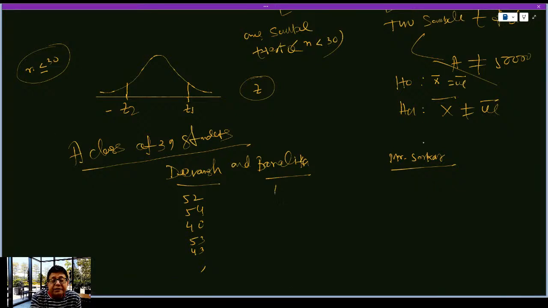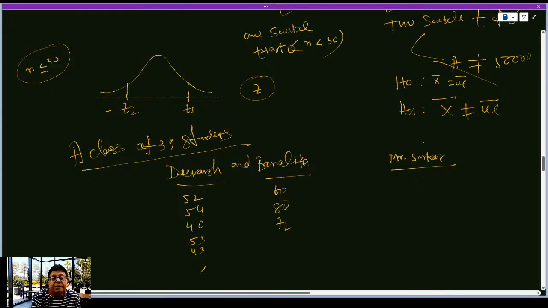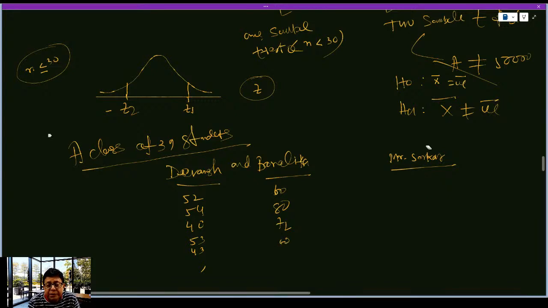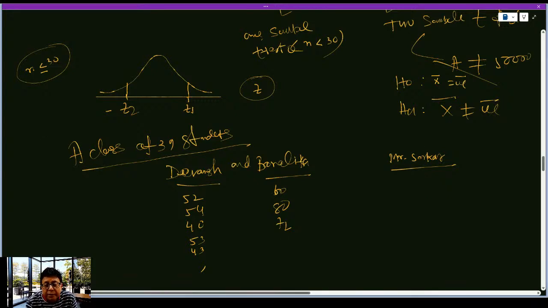She has collected this data: 60, 80, 72, 63 and 65. Bonalika has collected this sample, their marks. She has 5 friends, and she has taken their data.